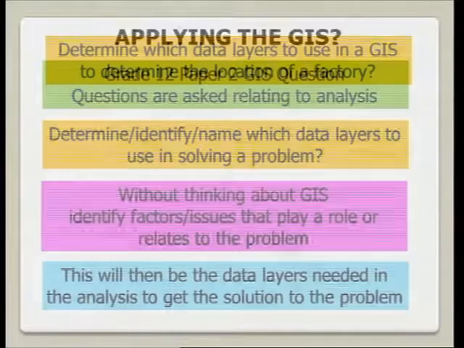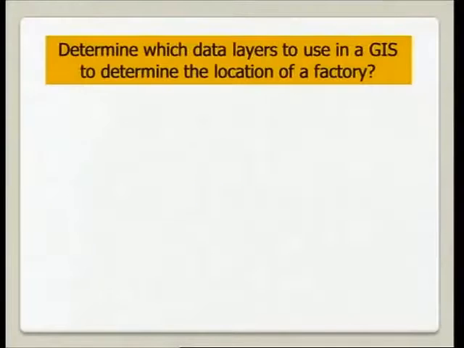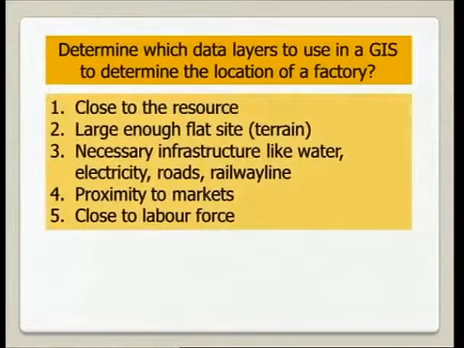Right, so for an example, the question could be something like this: to determine which data layers can be used in a GIS to determine the location of a factory. So what do we need to know about this? First of all, a factory must be close to the resource, depending on what type of factory it's going to be. There must be a large enough site, a flat terrain.